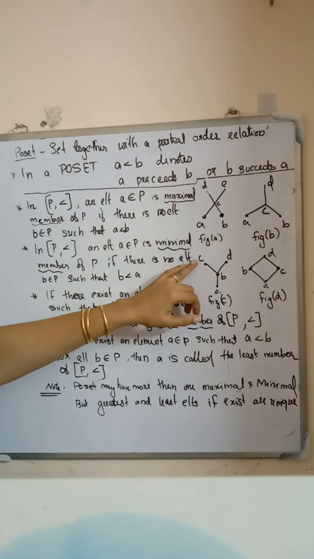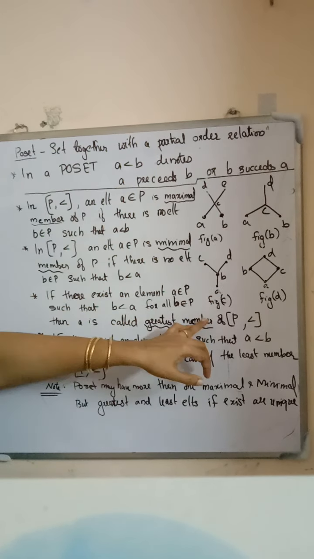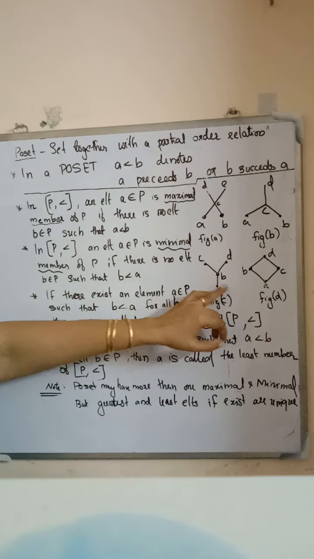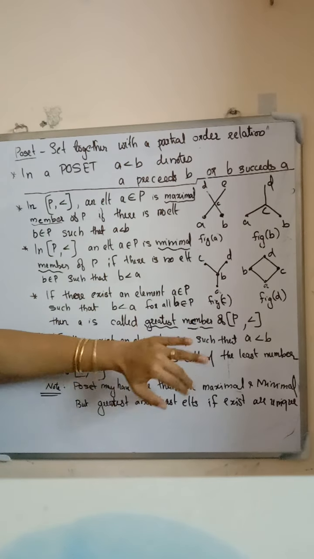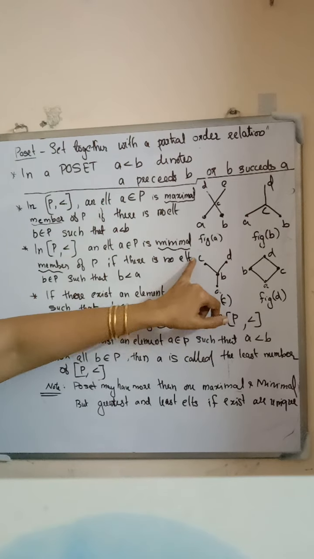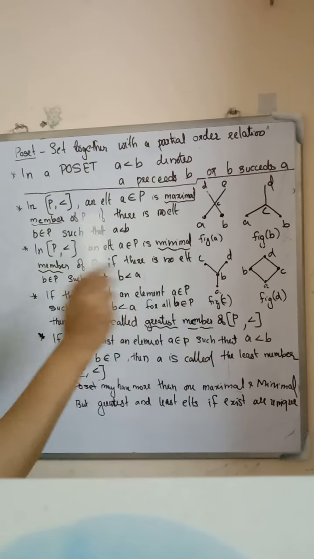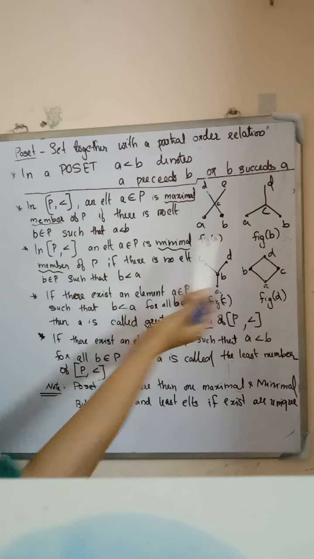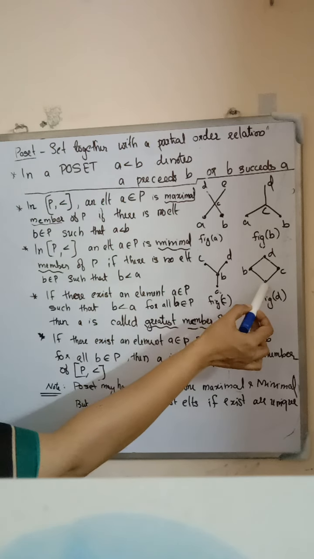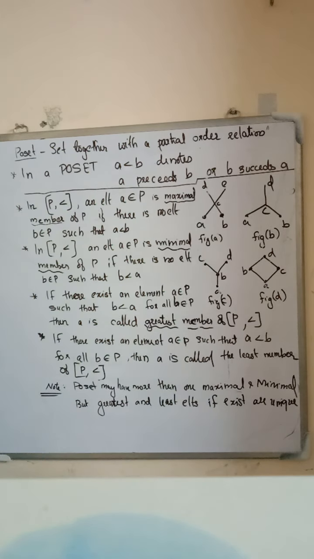Here C is greater than A and less than B, but D is not less than C. So here also we couldn't find a greatest member. In the next figure, definitely D is the greatest member because all the other elements of the poset, A, B, C, are less than D.